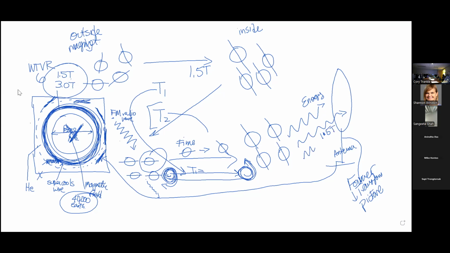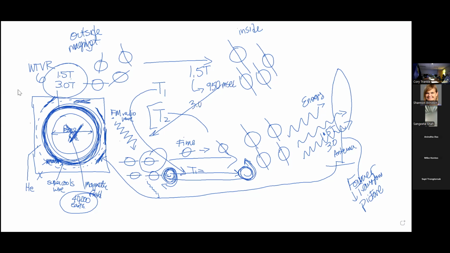At 3 Tesla, there's a lot more energy released. So the winding and unwinding time for the T1 is a little different. At 1.5 Tesla, that unwinding time is about 950 milliseconds.